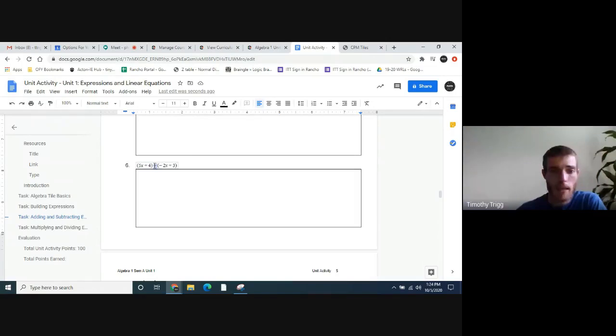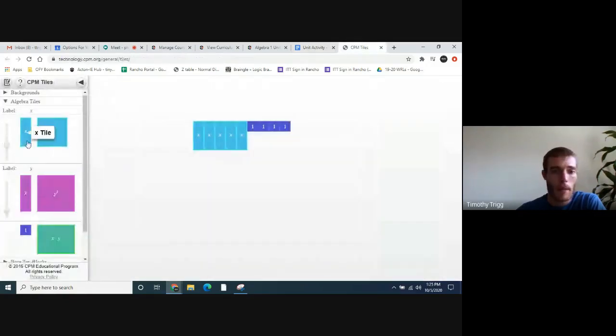So this minus in front of the parentheses is actually going to change the sign of both of these. So this minus negative 2x is going to become a positive 2x, and then minus 3. So positive 2x, and then minus 3. So 3 negative unit tiles. So these are minus 3, so we make those negative.